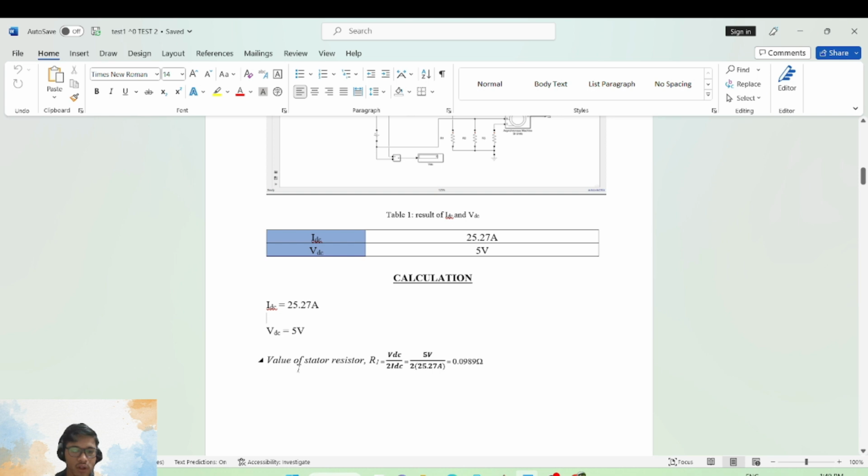For the calculation of the stator resistor, we use the formula VDC over 2 times IDC, which is 5 volt over 2 times 35.27 ampere. So the answer for the calculation is 0.0989 ohms for R1.